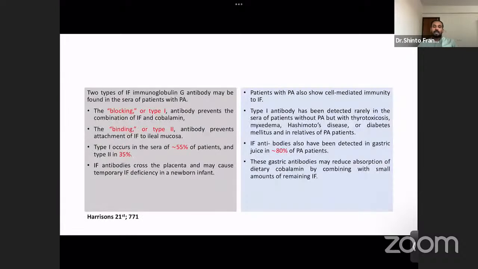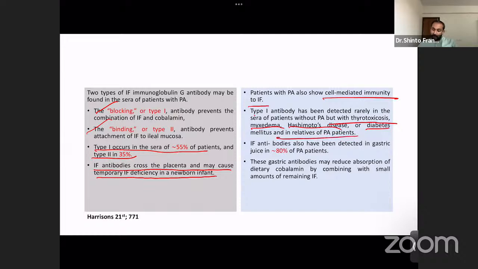So pernicious anemia antibodies: there are two types, blocking and binding, type 1, type 2. Type 1 occurs in 50% of patients, type 2 in 35%. The antibodies cross the placenta and may cause temporary IF deficiency in newborn infants, cell-mediated immunity to IF. Type 1 is detected rarely in sera without PA, in thyrotoxicosis and other autoimmune conditions, you can get type 1, or even in relatives of PA patients.